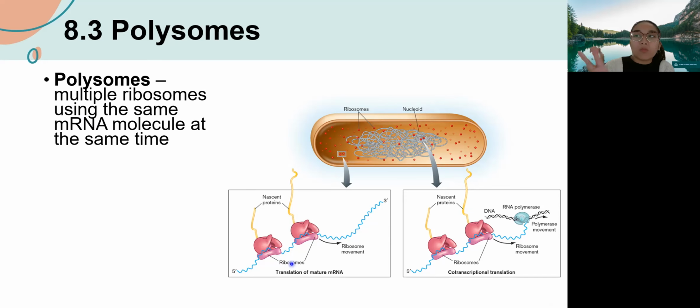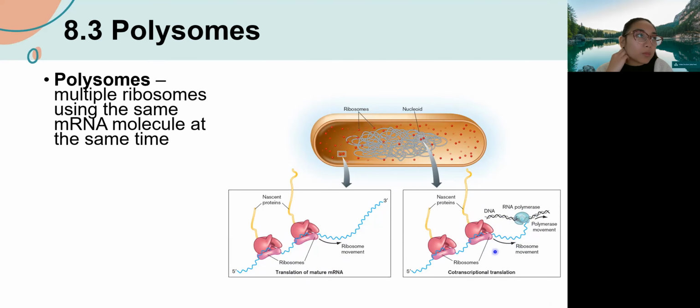Now, there's 2 variations of a polysome. You can have a polysome where this is just the mRNA. Notice that this is loose. The mRNA is already fully mature, and 2 ribosomes are using it. But another way that it can happen, and this is kind of wild, because there's no nucleus, when DNA is being used to make RNA, because there's no nucleus, the ribosomes have complete access, right?